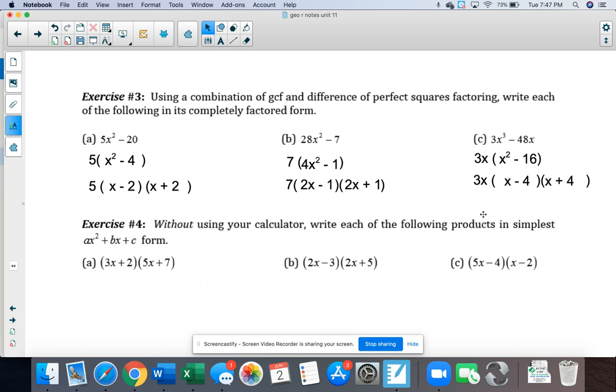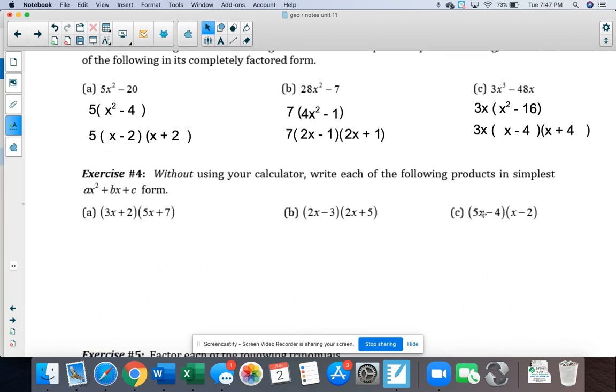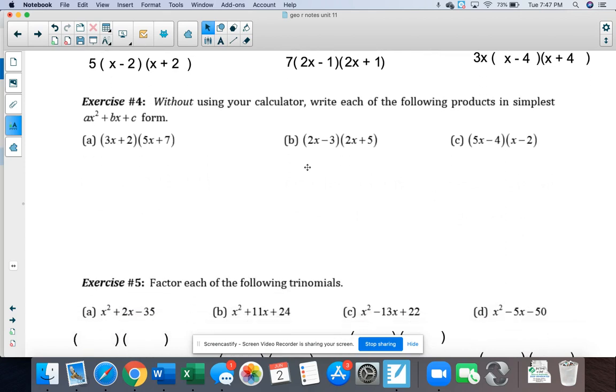Okay, before we start doing some trinomials, let's try multiplying these. Actually, factoring is just a reverse. So if you're comfortable with this multiplying, then you will be comfortable factoring, because we're going to factor trinomials down in exercise 5. So exercise 4, all I'm doing is writing the products in simplest ax squared plus bx plus c form.